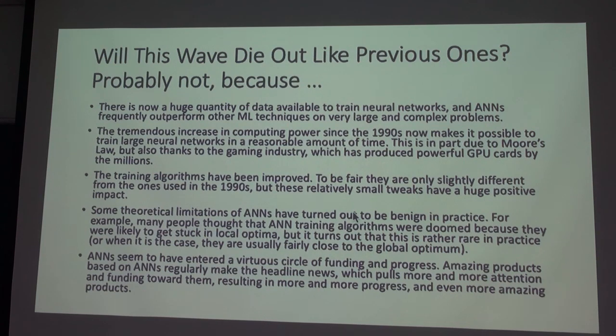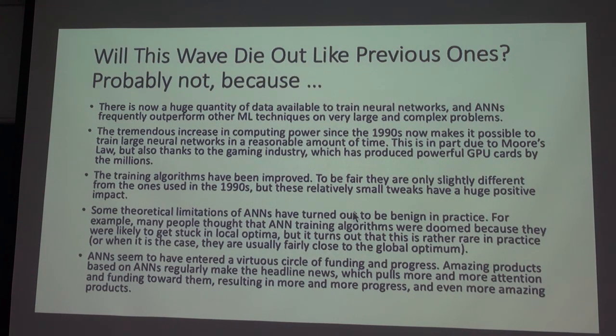So we get a lot of data now, but the situation was not like this back in the 1990s. The data size was considerably smaller. So when the data size is small, you will find that the traditional machine learning algorithm easily outperforms.